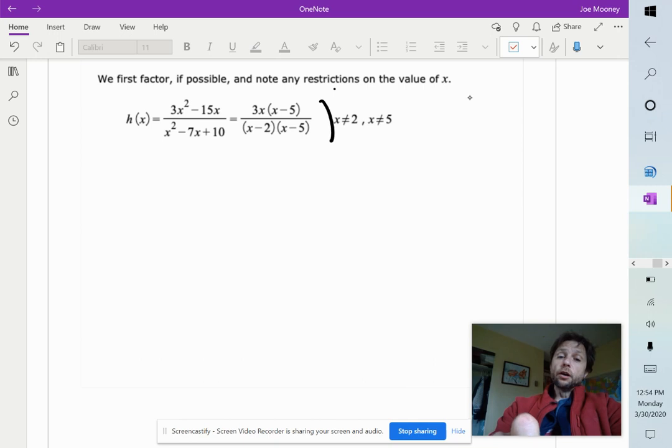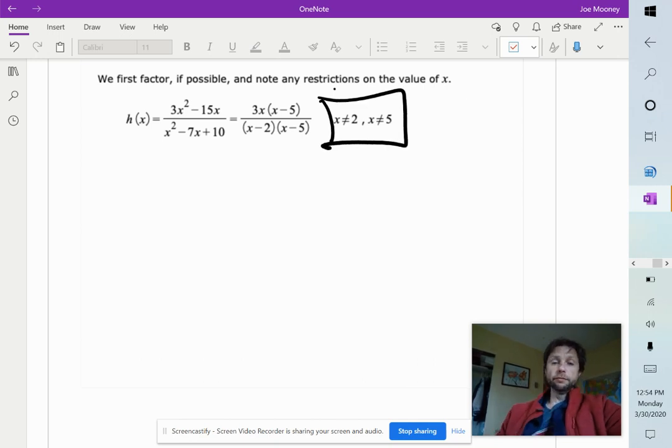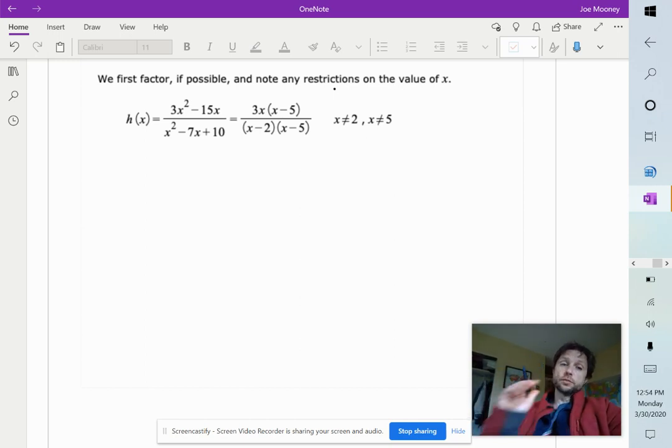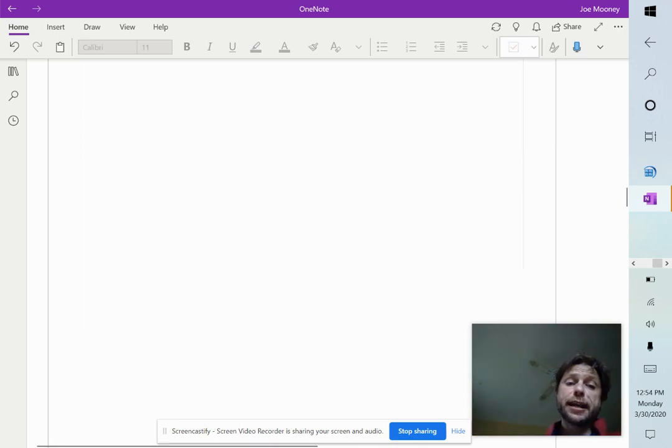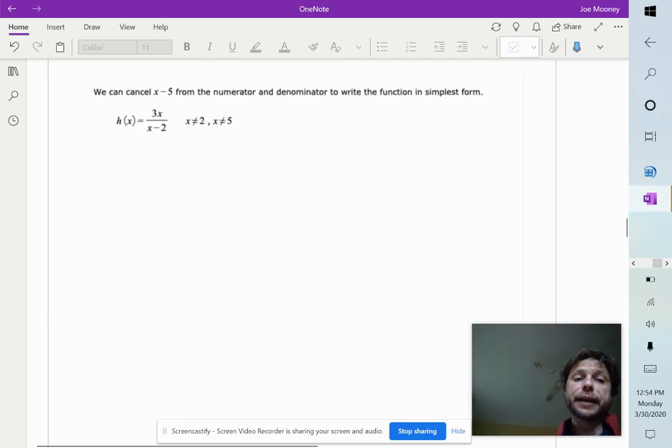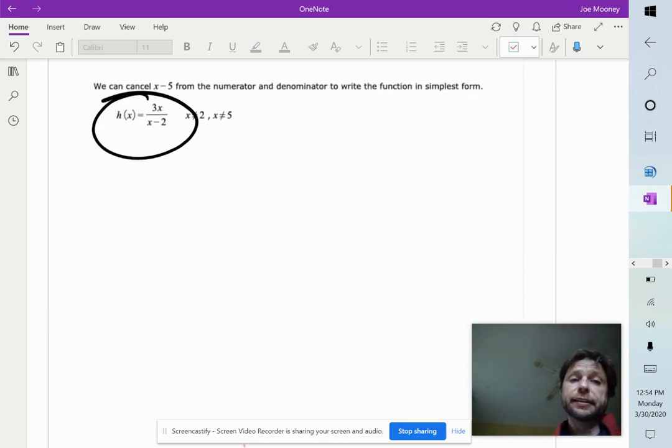So we know for sure the numbers 2 and 5 will not work. Can't plug 2 in there, can't plug 5 in there, because they are discontinuities. They will cause division by 0. When I cancel that factor out, the function now looks and behaves like this.